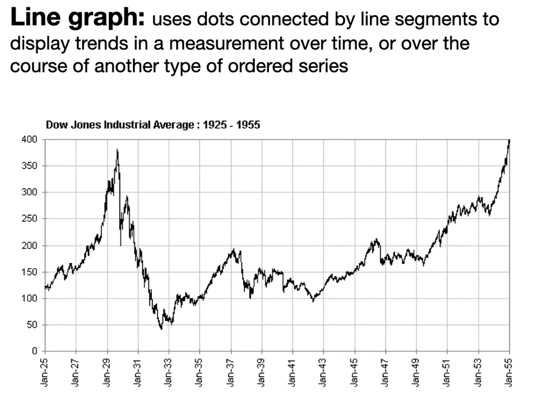Okay, there's a few more types of graphs that I'm going to cover looking at relationships between two variables. One is a line graph. A line graph is when you have dots that are connected by line segments, and it's used to show a trend in a measurement over time. So usually the x-axis in a line graph is time or some other type of ordered series, because it only makes sense to connect the data points if you can put them into some kind of order.